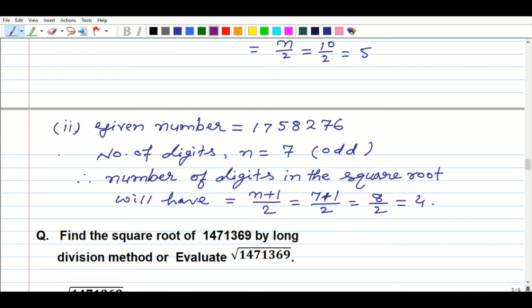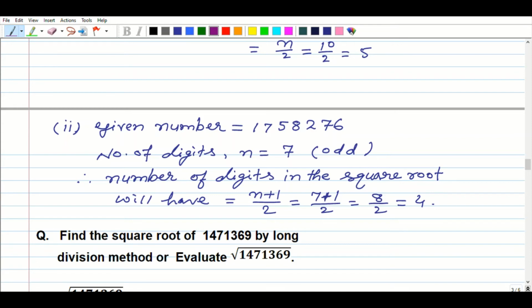When you learn it very well, it will help in mensuration, in compound interest, and in profit and loss. So many places you will face this. So it is required to know very well how to find the square root of a perfect square number.